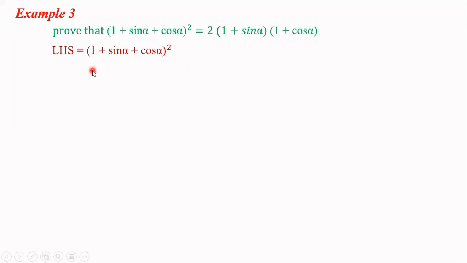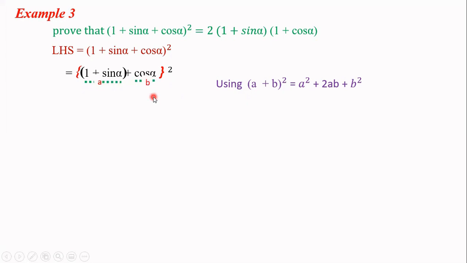Now we are going to reduce it into 2 terms by adjusting the bracket here. 1 plus sine alpha can be considered as the first term and cos alpha as the second term. So it is in the form of a plus b whole square, where a is 1 plus sine alpha and b is cos alpha.